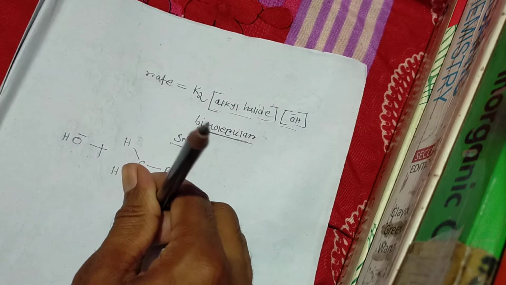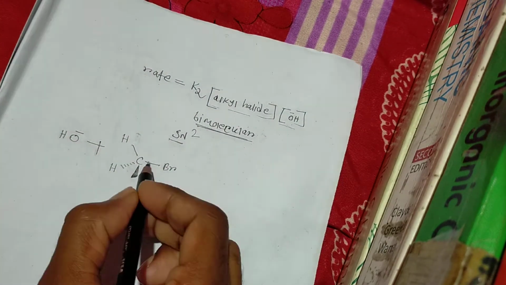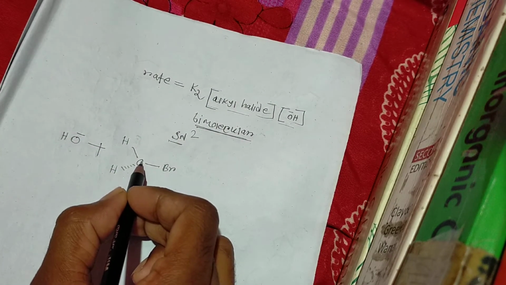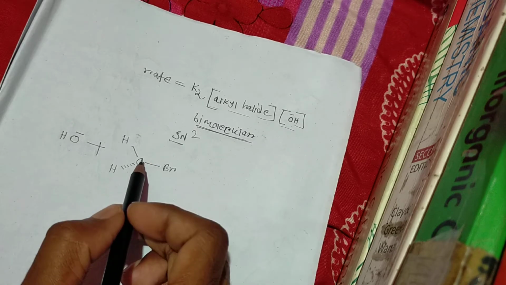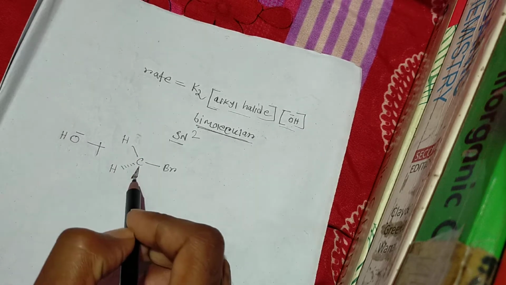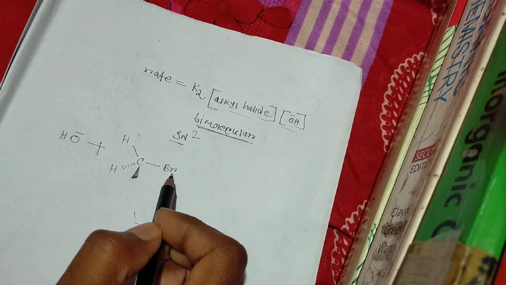That is the central carbon attached to three hydrogens and one bromine atom.